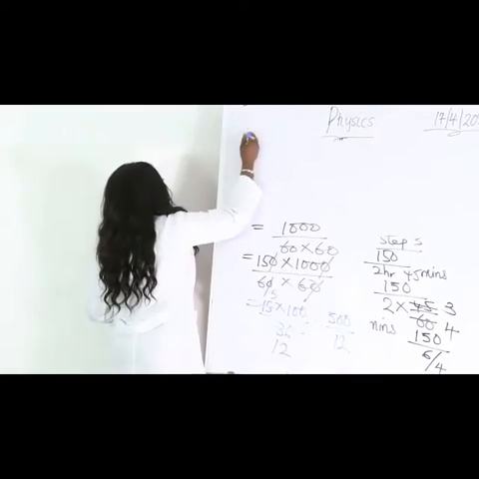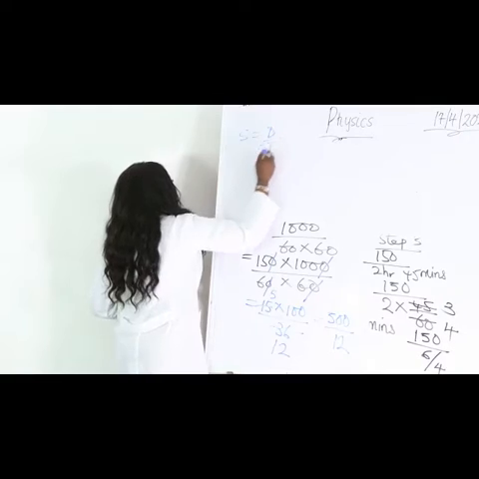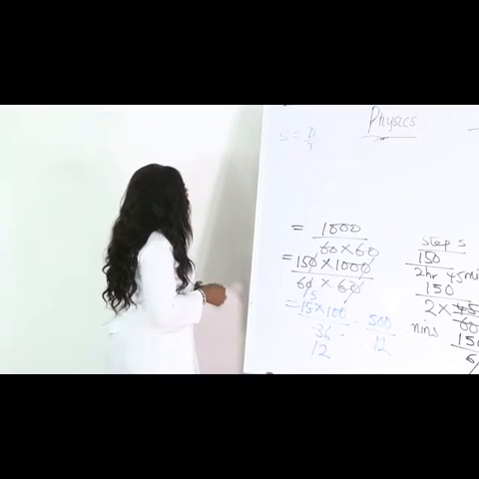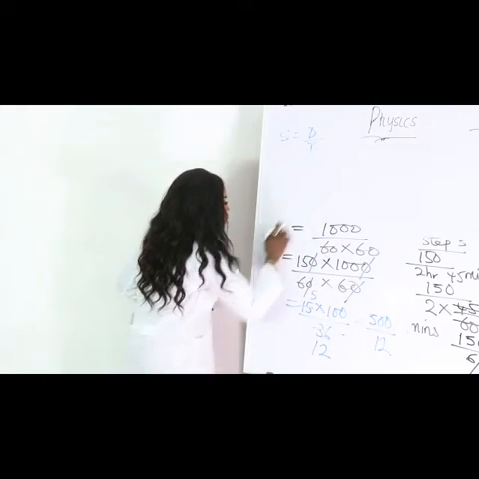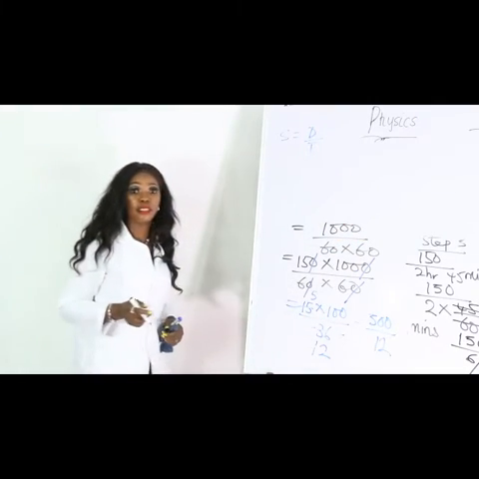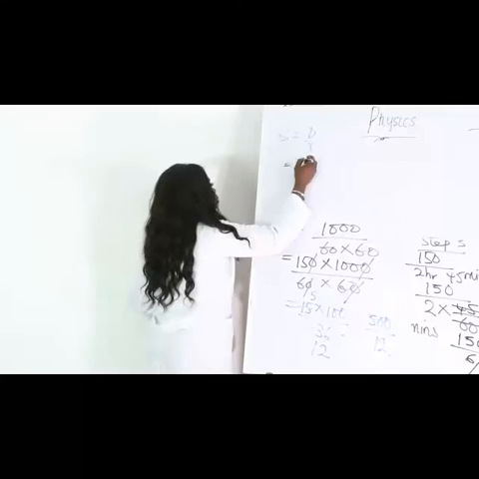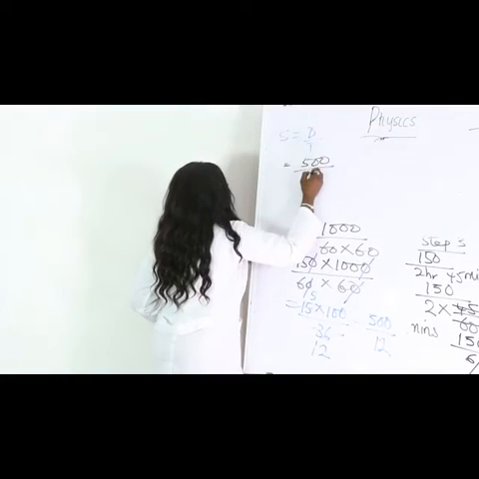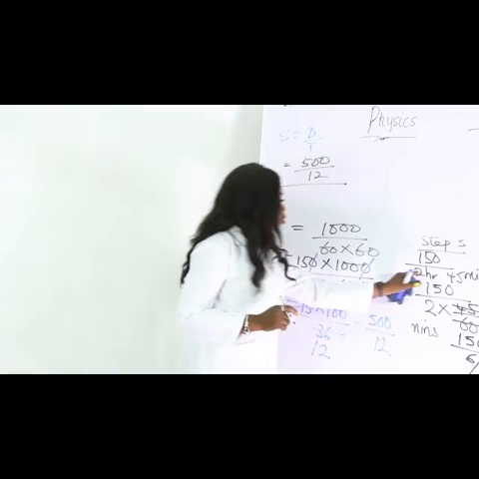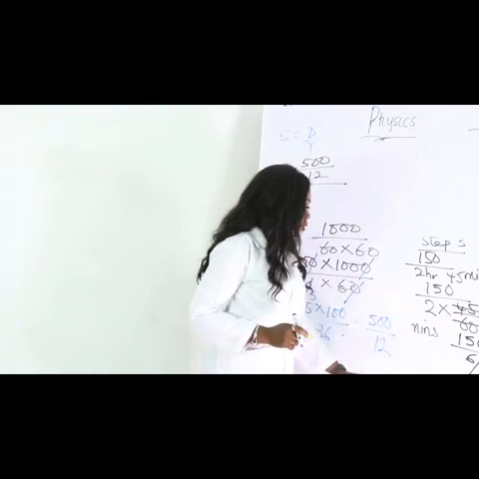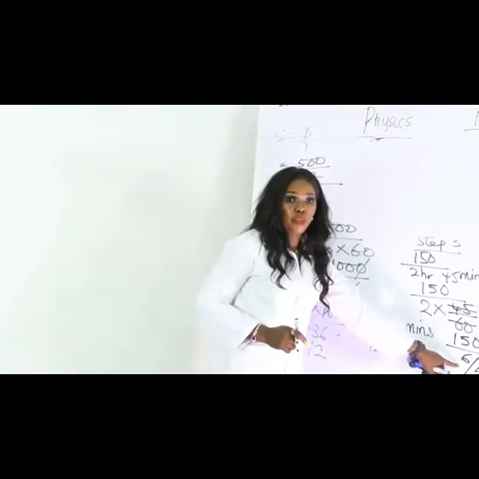Now, we have speed is equal to distance over time. So here, this whole thing we calculated represents the distance. That will be 500 over 12, over time. Remember, we had 2 hours 45 minutes, and we had 6 over 4 here.